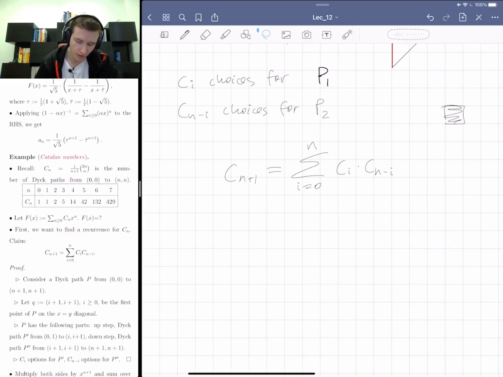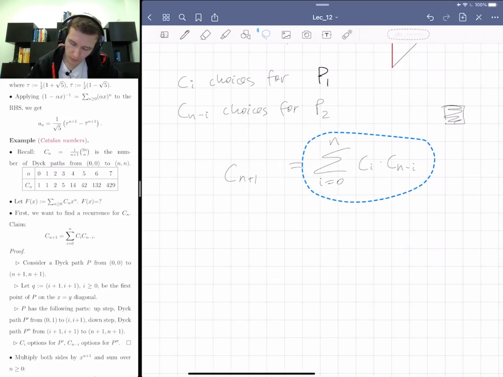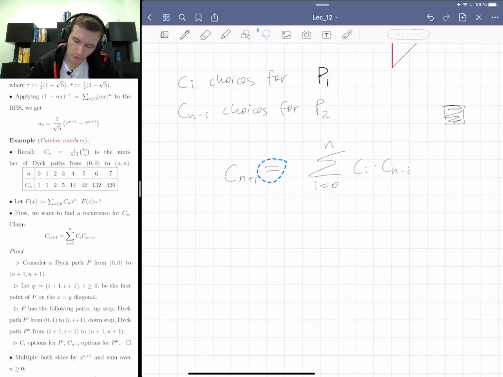It's a recurrence relation which involves all the previous values, and the idea is that you just multiply both sides by x to the n plus 1. Just put x to the n plus 1 here and x to the n plus 1 here, right?